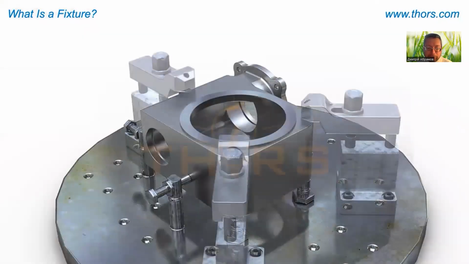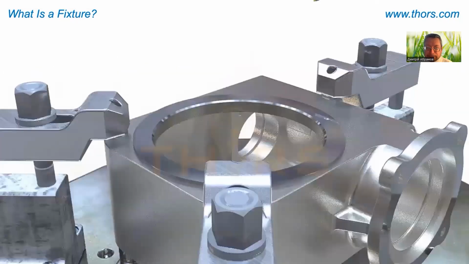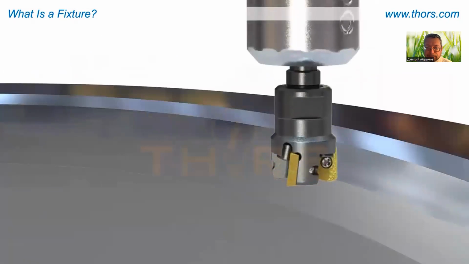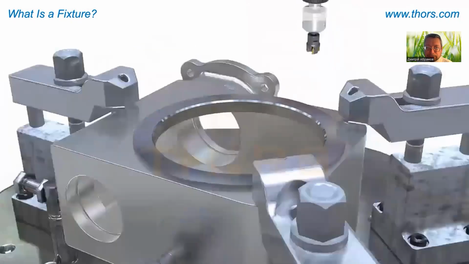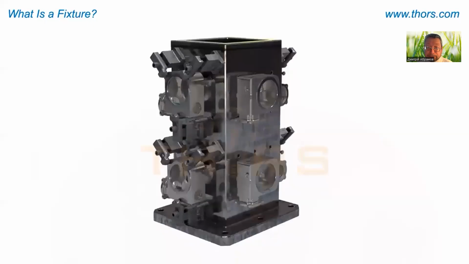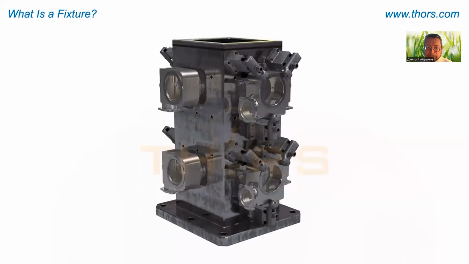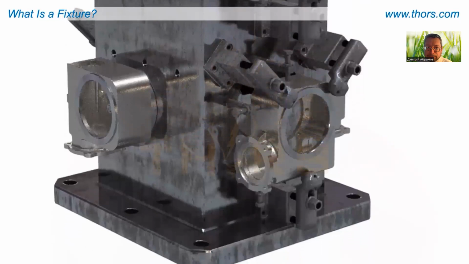Fixturing, or work holding. Clamps, supports, and other components are used to create the overall fixture. This example shows a single housing part on a single fixture. Once fixtured, the boring operation can be completed. Larger setups, such as this square pedestal fixture, are capable of holding multiple parts at the same time and rotating as needed.